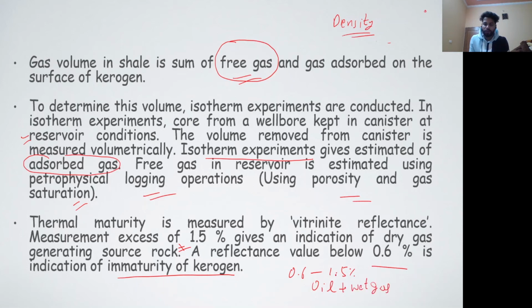Above 1.5%, we are getting shale gas. Below 0.6%, our kerogen is still immature, it is still under the diagenesis process, and the catagenesis process hasn't yet taken place.